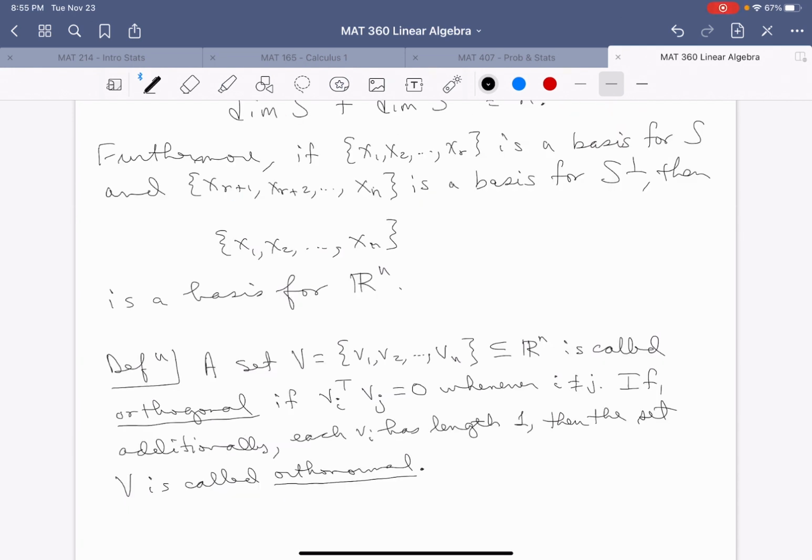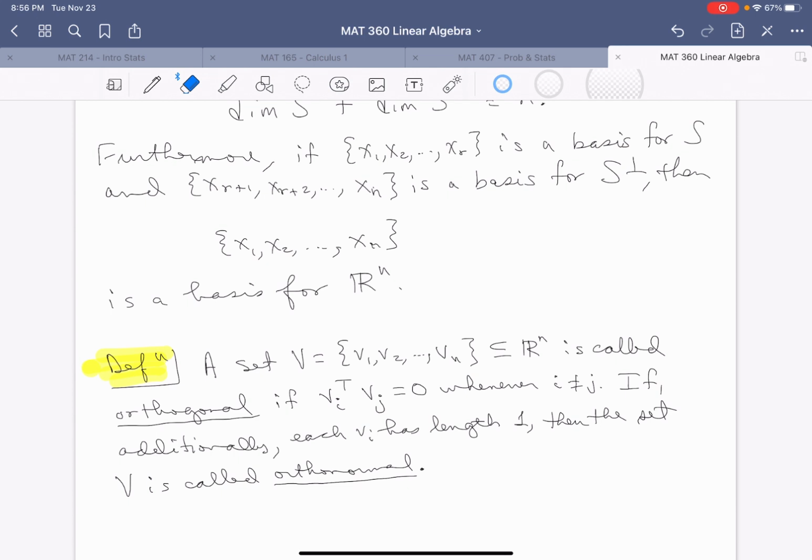Okay, so in this video we're going to talk about orthogonal matrices and some of their properties. But before we get there, we need a couple of definitions. A set of vectors, which I'm calling V1, V2 until Vn, explicitly a subset of Rn, is called orthogonal if the dot product of any two distinct vectors from that set is equal to 0.